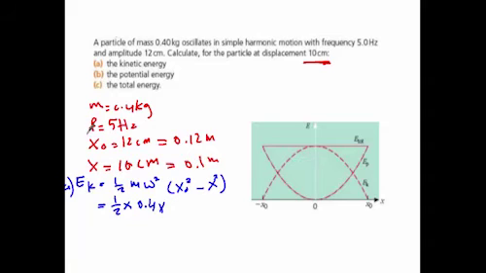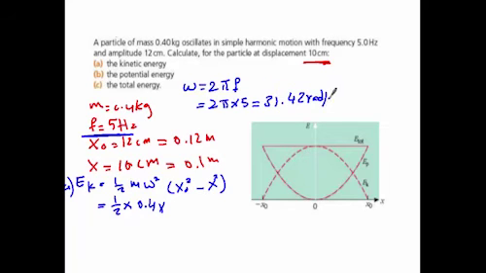We have f, so we can calculate omega related to f by 2 pi f, so it is 2 pi times 5, which gives us 31.42 rad per second.